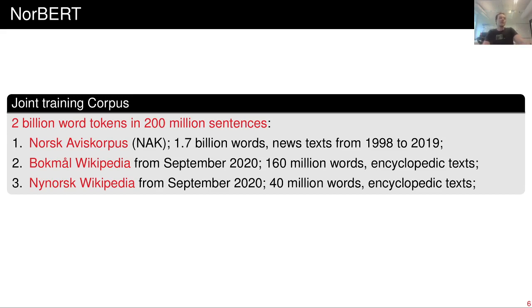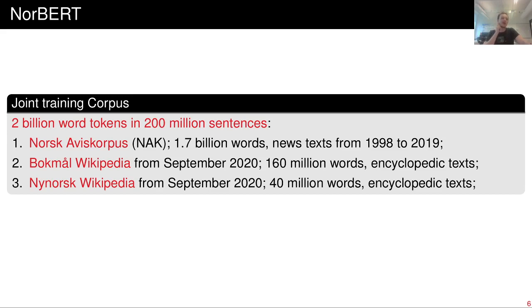The training corpus for NorBERT is a joint corpus consisting of both Norwegian Bokmål and Norwegian Nynorsk texts. Norwegian has two language varieties, as you probably know. This corpus is about 2 billion words in size, in about 200 million sentences.